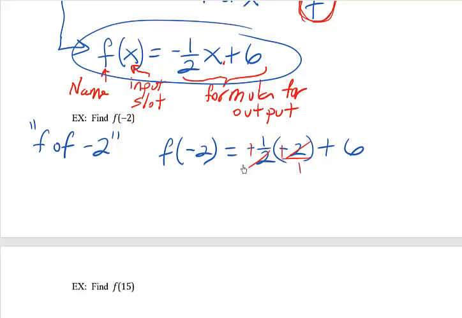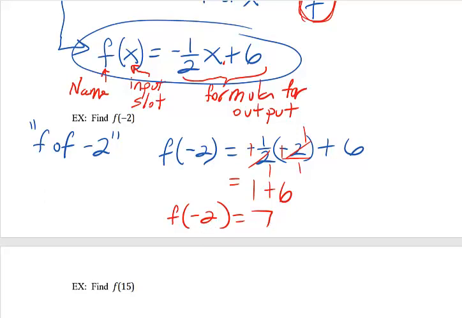All you have is a bunch of 1's everywhere, right? So that's just 1 plus 6, which of course is 7. And so our final answer to this little problem, f of -2 equals 7. Again, all that means is when you stick -2 in, you get 7 out.